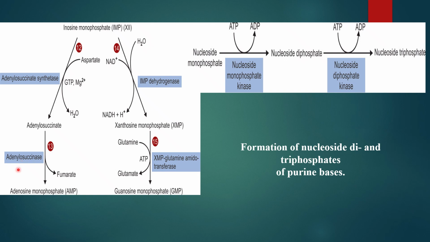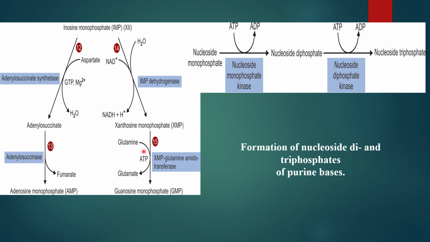The enzyme is adenylosuccinase. So this is how AMP is synthesized. Further, IMP dehydrogenase can convert this IMP into xanthosine monophosphate, which can be converted into guanosine monophosphate. So this is how GMP is synthesized, via XMP. In this step, there is an addition of glutamine.